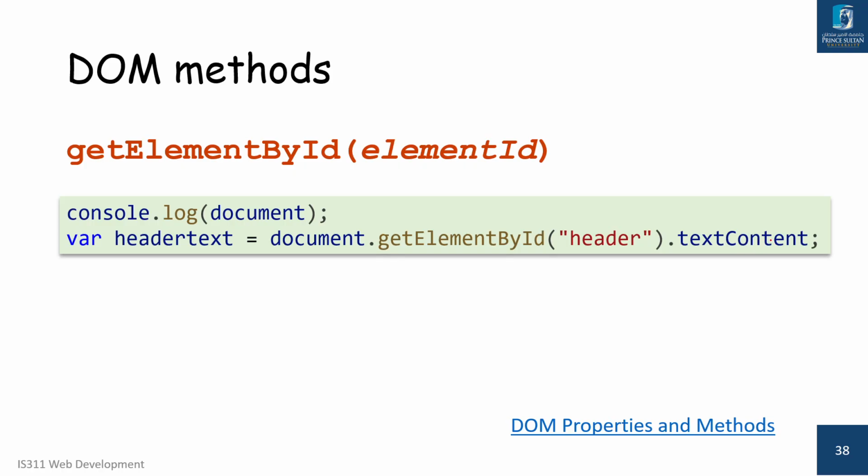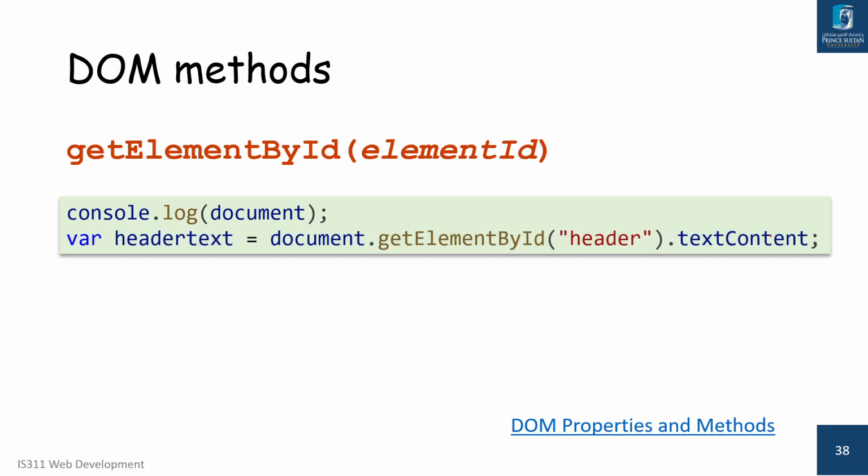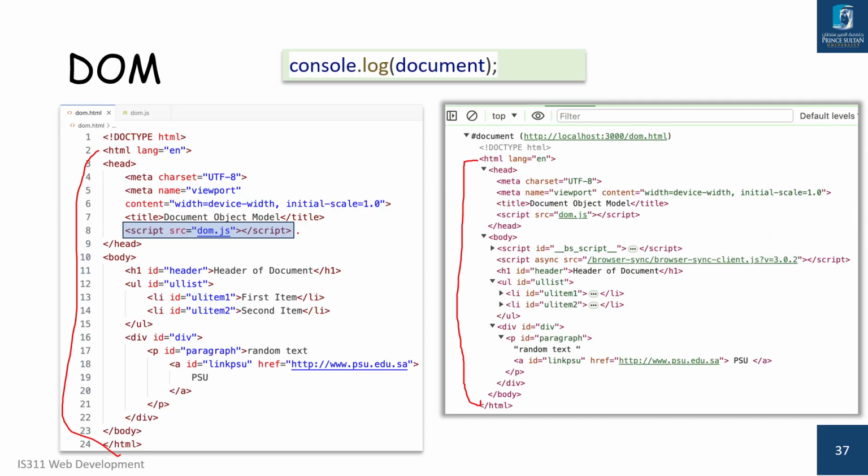We are changing the text contents inside it. We have already discussed that in the practical session. We are accessing that line, and inside we have the h1, and inside the h1 we have defined some heading, and then we have the id value. Now we are inside this dom.js, and we are writing document.getElementById, which is header.